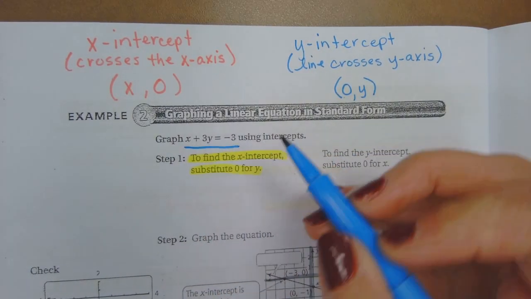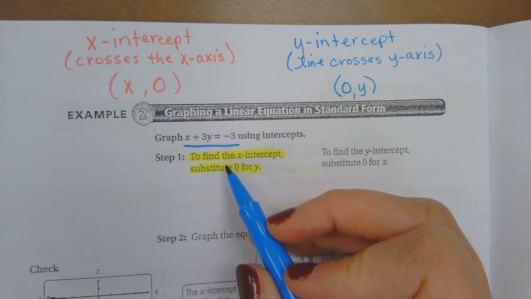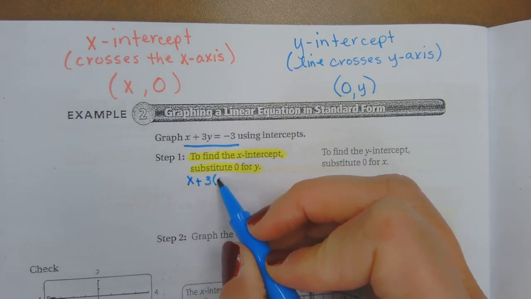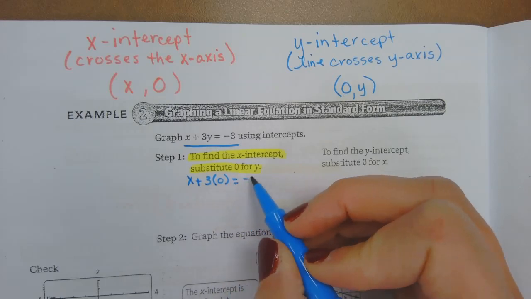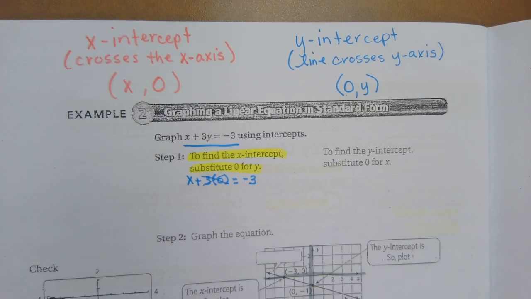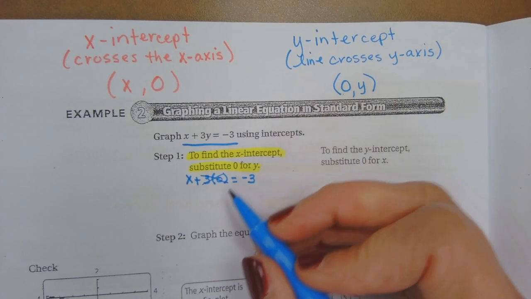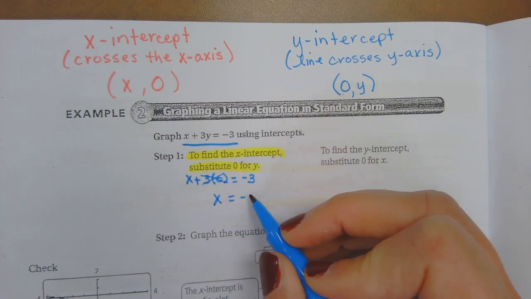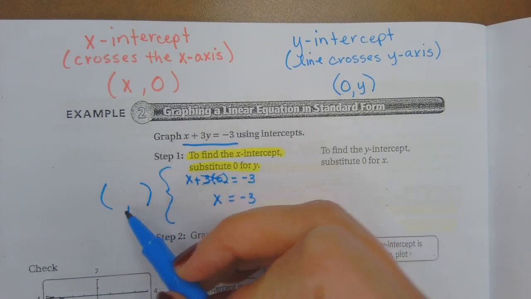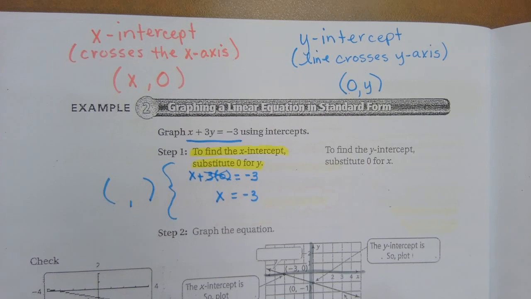So I'm going to take my original equation, and we're going to take the y out and put a 0 instead. So it's going to be x plus 3 times 0 equals -3. 3 times 0 is 0. So we can get rid of that. And we have x equals -3. So from that, what ordered pair do we get?